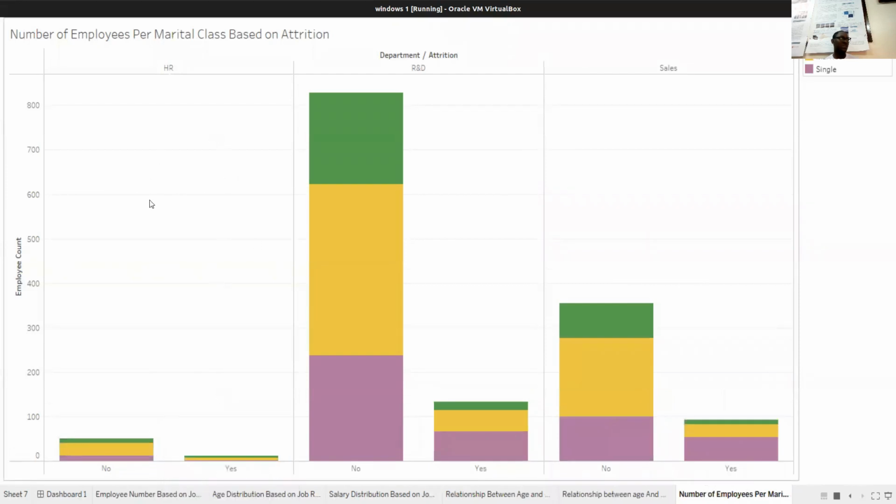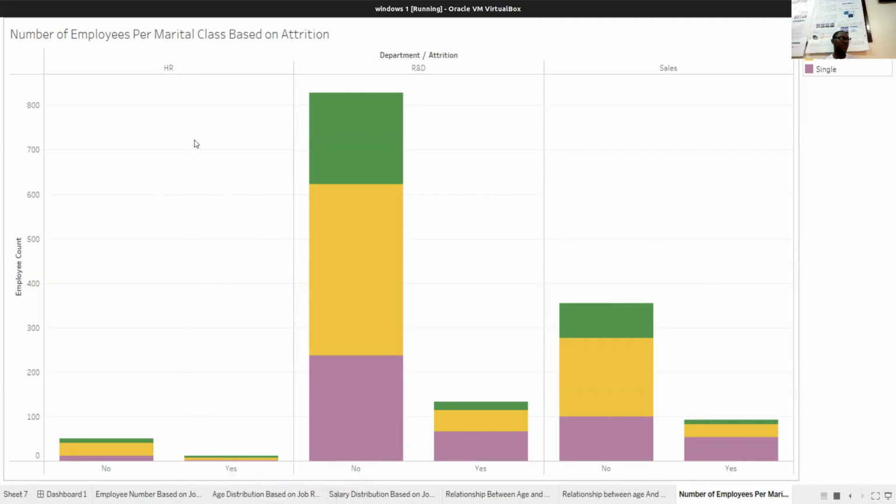And then for this department, HR, you see that most of the churners are either married or divorced, which is an interesting thing to take note of.